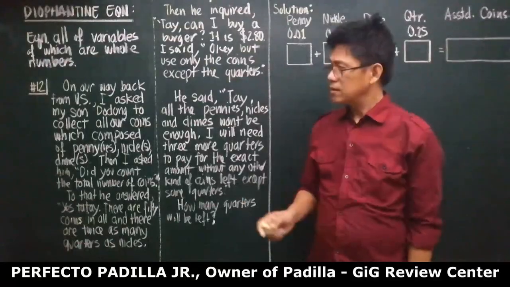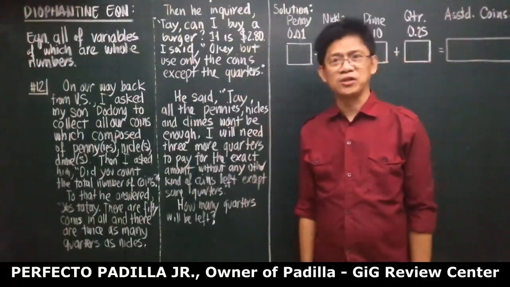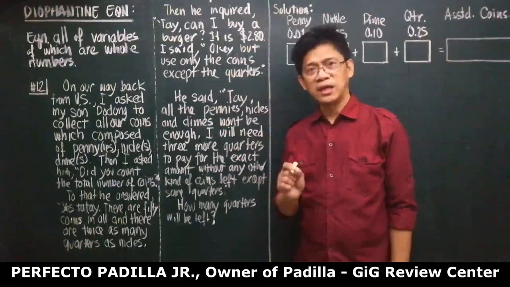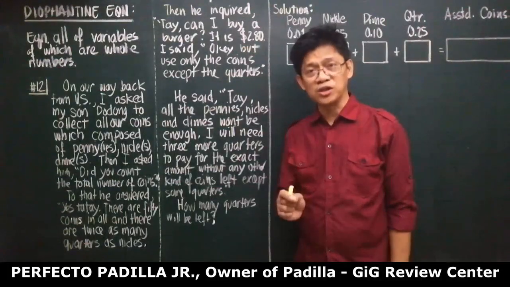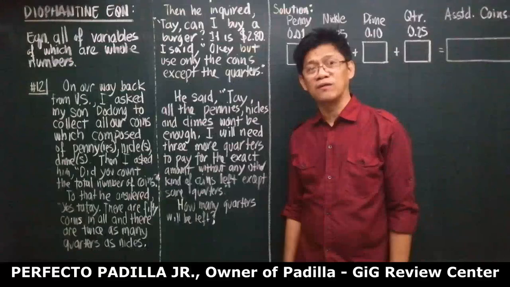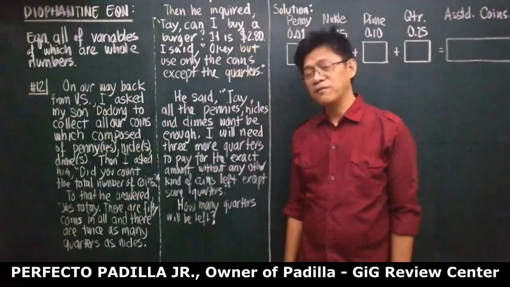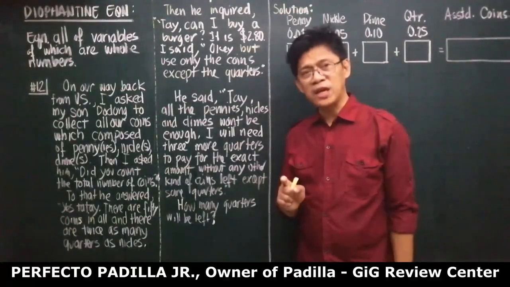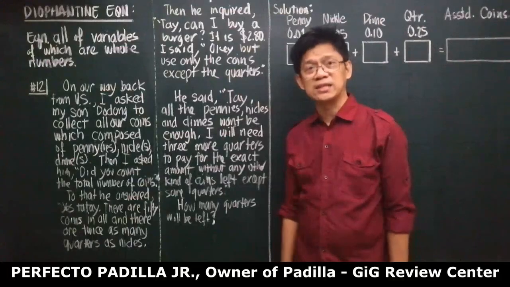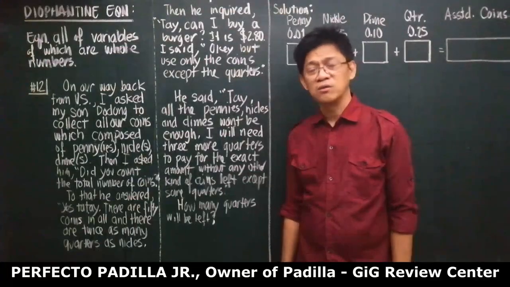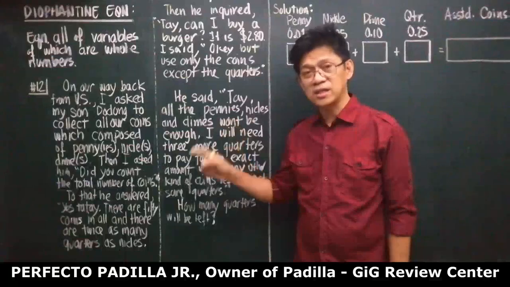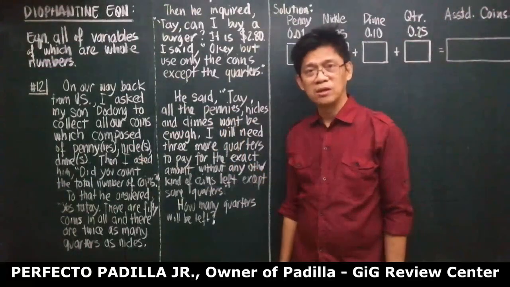We said that for simultaneous equations to be solvable, the number of equations must be equal to the number of unknowns. However, we say that if the number of unknowns exceeds the number of equations, the system is not solvable.